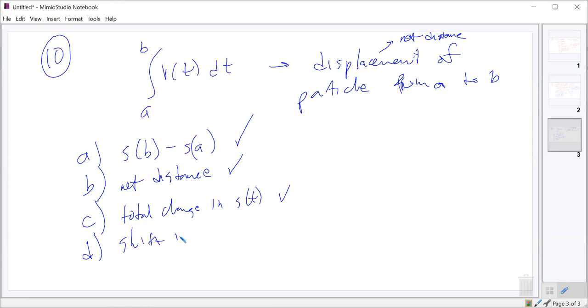Shift in position, yep. That's true. And so E, which says total distance, that is not the case, right? It is not the total distance traveled. Then, if we want the total distance traveled, what do we have to do with the velocity function? Take the absolute value. Everybody good there? Okay, wonderful.